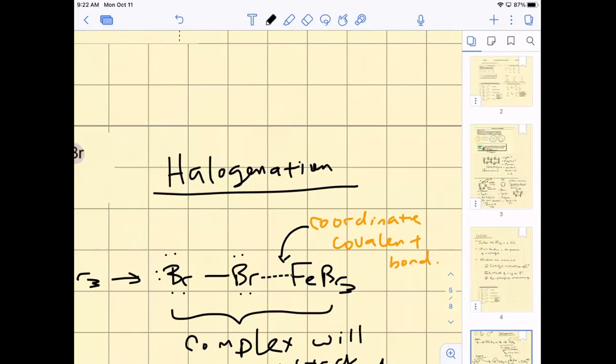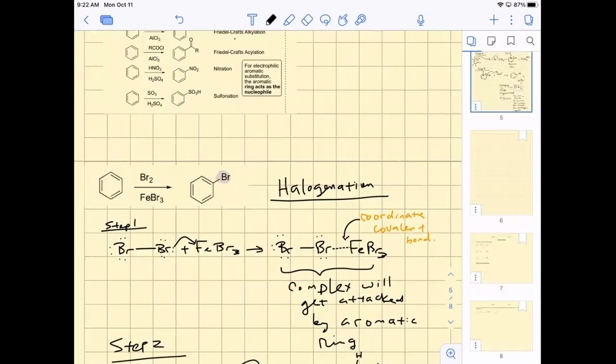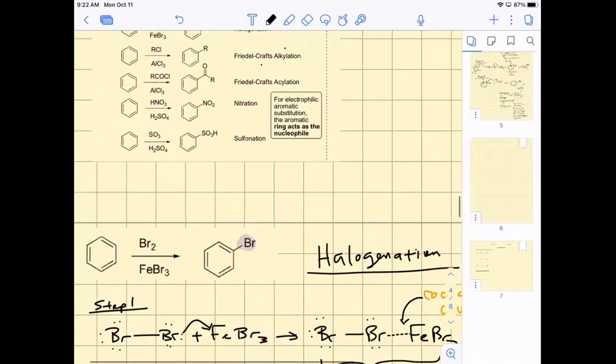We're going to talk about that in a little bit. If the ring is substituted, then it's activated at certain positions and deactivated at other positions. But if it's unsubstituted, like this ring right here, everything is fair game.